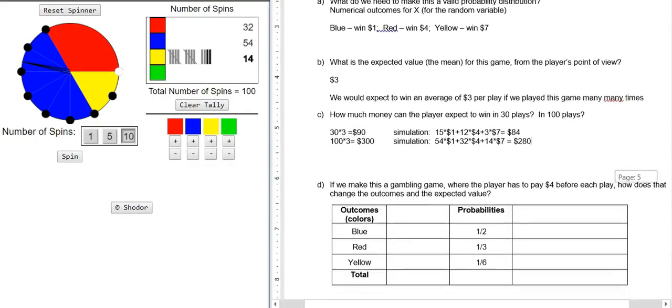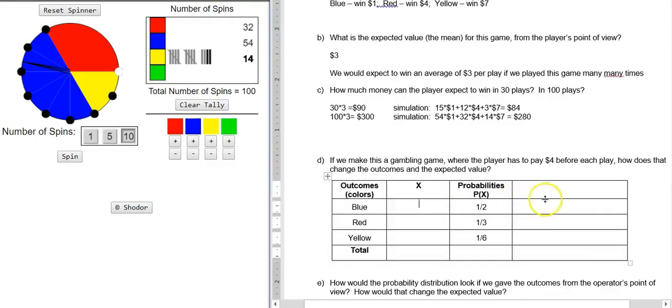Now let's do one more variation of this. If we make this into an actual gambling game where we could lose money, one way to do that is to make the player pay $4 before each play. Let's look at how that would change our outcomes and our expected value. So this time, if I'm playing, I've already paid in $4 before I play.